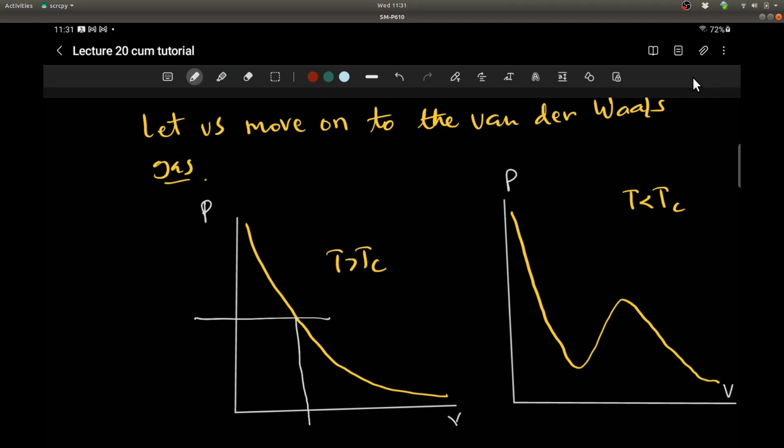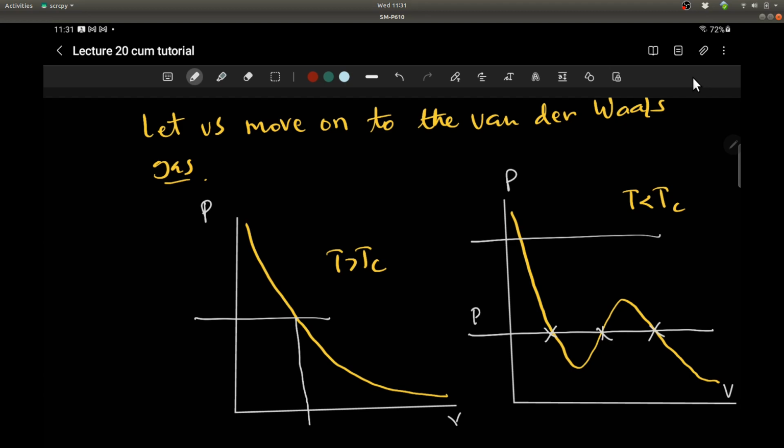If you give me the volume for T greater than Tc, you get the pressure from the equation of state. But what happens here? You go further down and it's invertible, but if you take some intermediate value like this, for a fixed value of P, we find that there are 1, 2, 3 solutions.